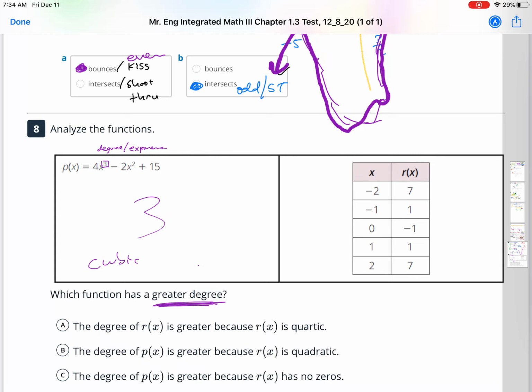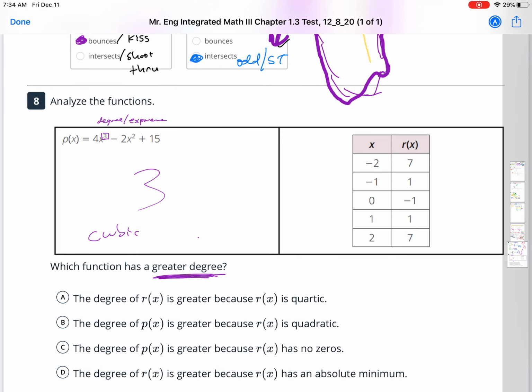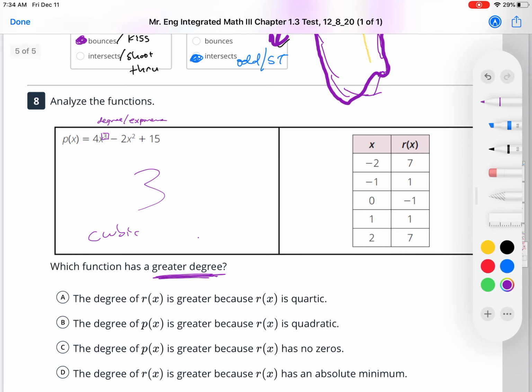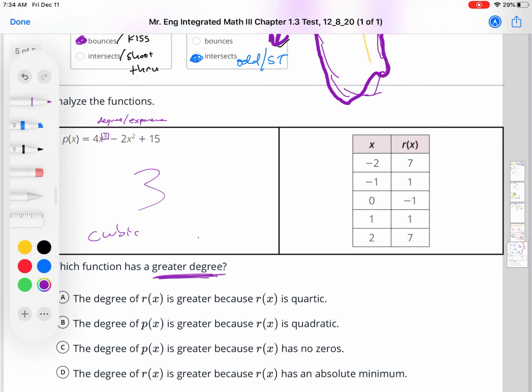Now, let's look at this graph. The second one on the right side, I have just a table of values. So what I'm going to do is graph it. So -1, -2, 1, 2. Count by twos. 2, 4, 6, 8.